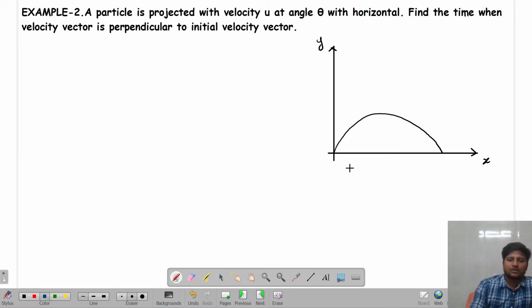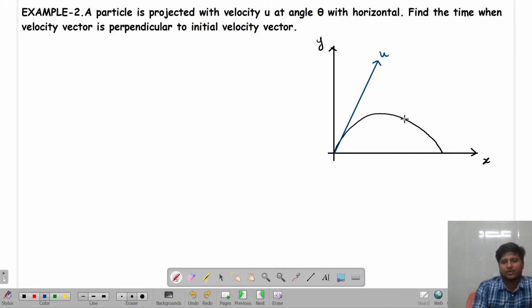Okay, so I have thrown one projectile with some initial velocity. This is my initial velocity direction. Right or not?